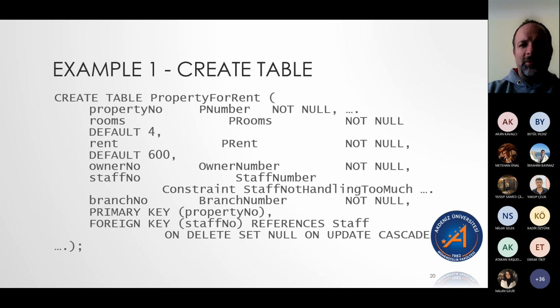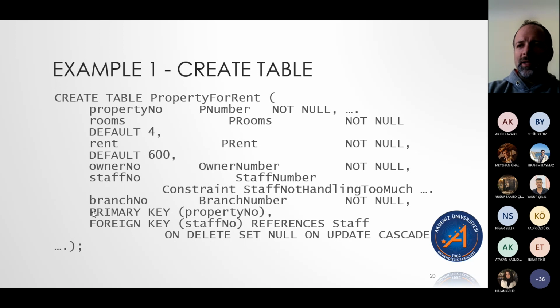One option would be that if a staff person got removed from our database because maybe they quit or were fired, we want to set null on their properties, because we still want to have the properties in the system, but we don't want them to have someone managing them since that person doesn't exist. So we would have the branch number still there so that we know which branch is overseeing it, so we would know which employees are options to make the new managers.